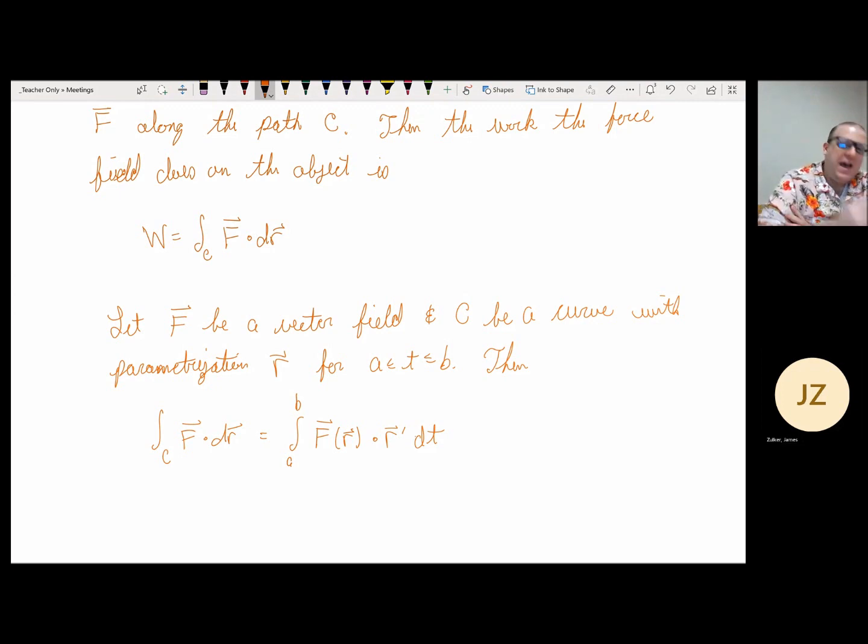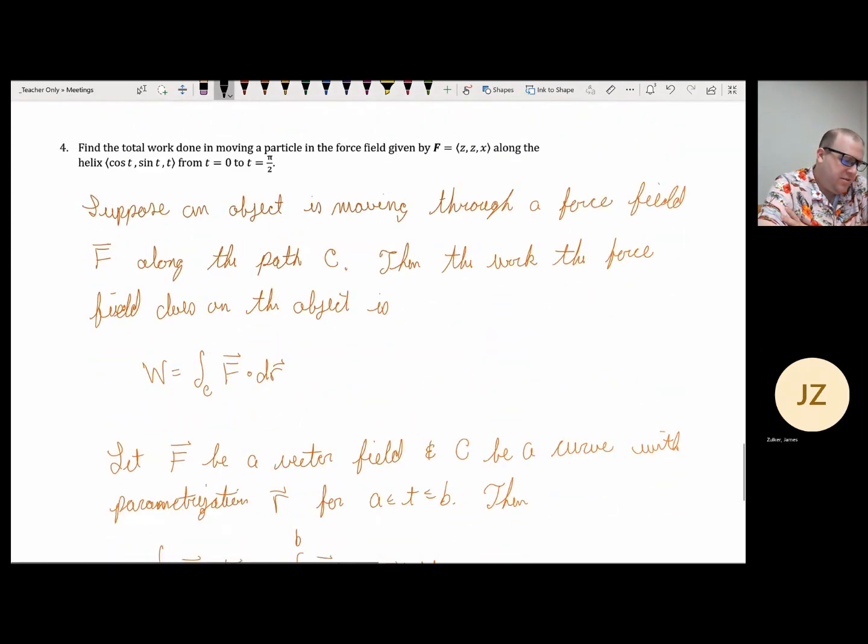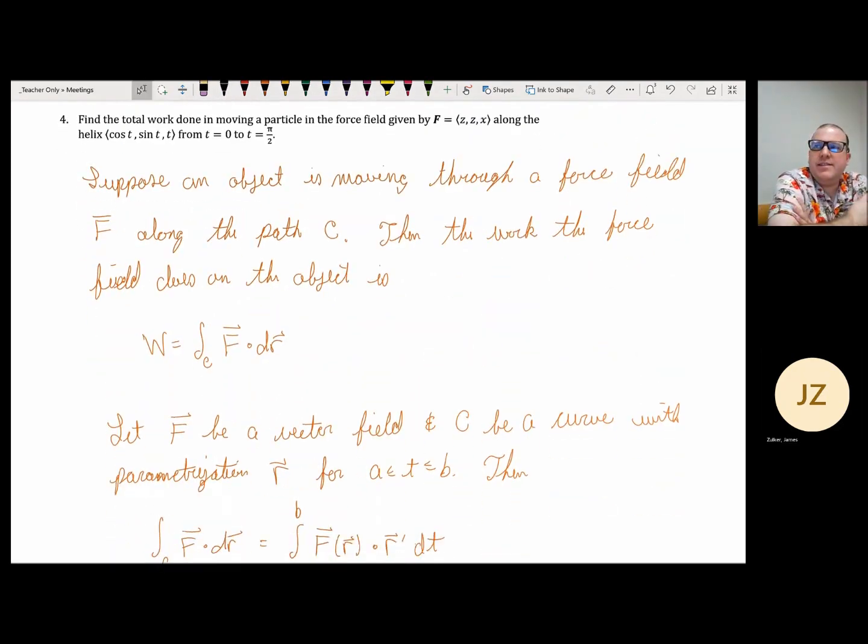And again, this just means we're evaluating the vector field over the parameterization R. Well, they already gave us the parameterization here. And it's cosine t, sine t, t, 0 to pi over 2.